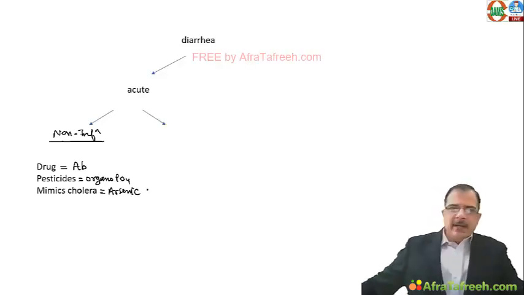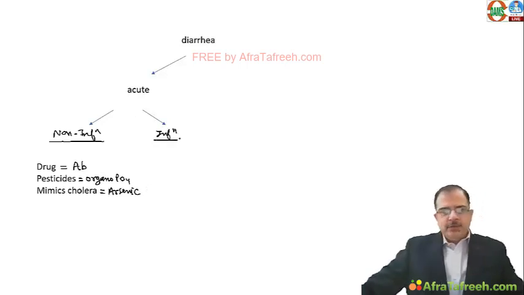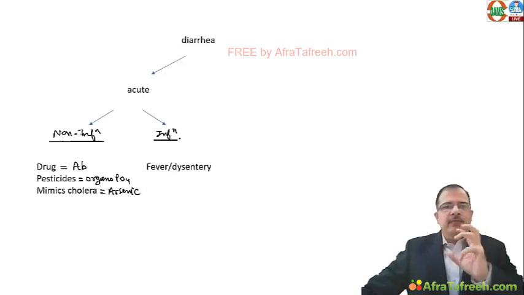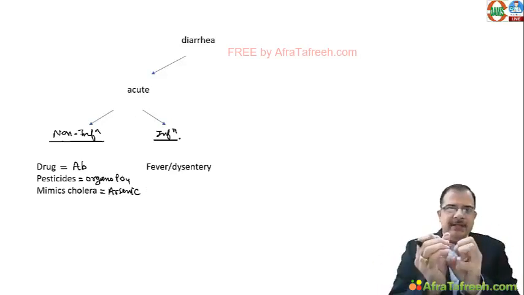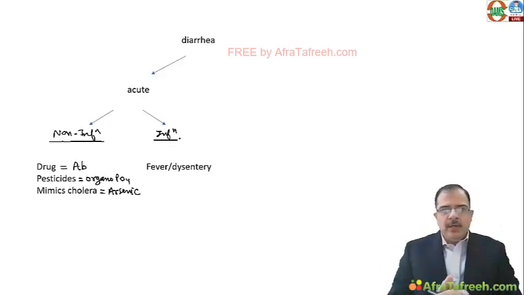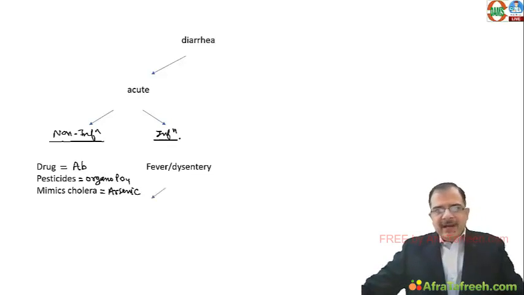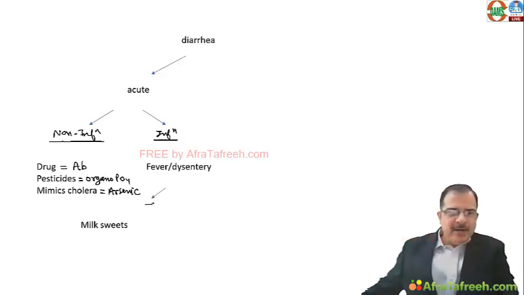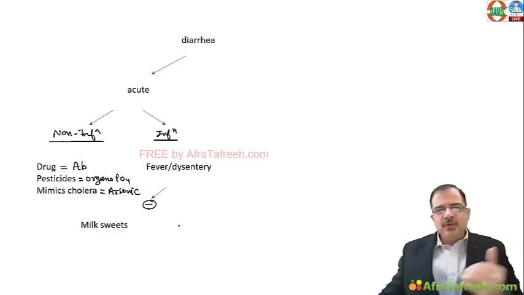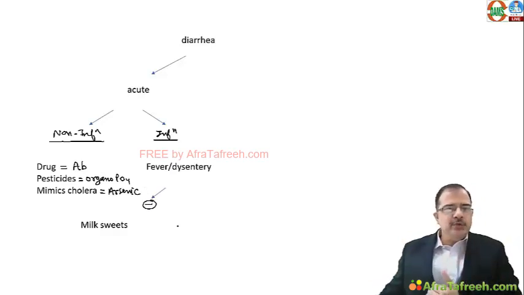Or it can be infectious diarrhea. Acute diarrhea can be infectious. In infectious diarrhea, you have to identify the type of infection, whether it is an invasive organism or a toxin-producing organism. If fever and dysentery are absent, it is most likely a case of toxin-induced diarrhea.